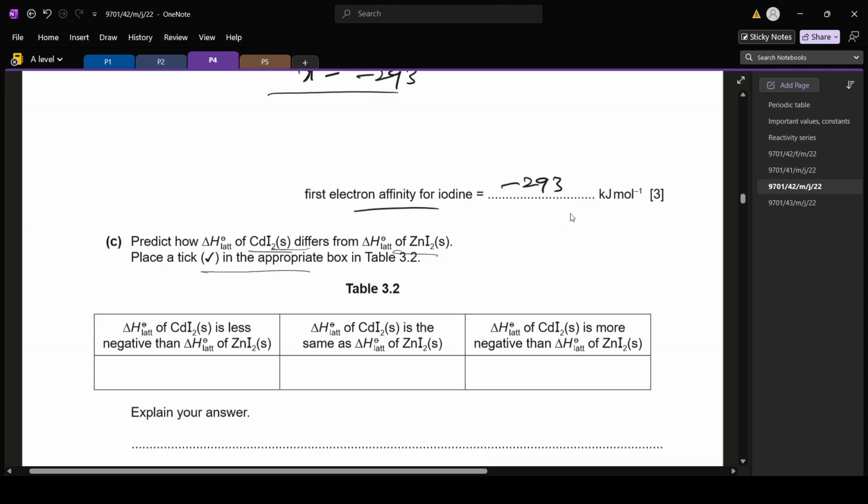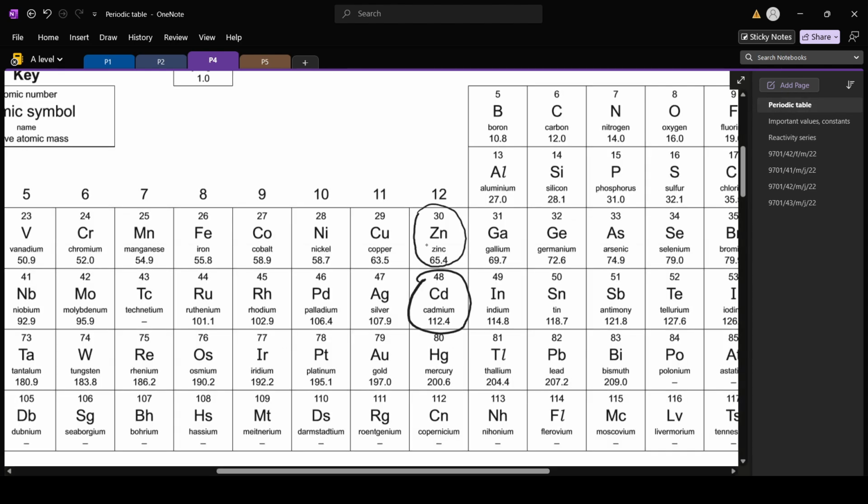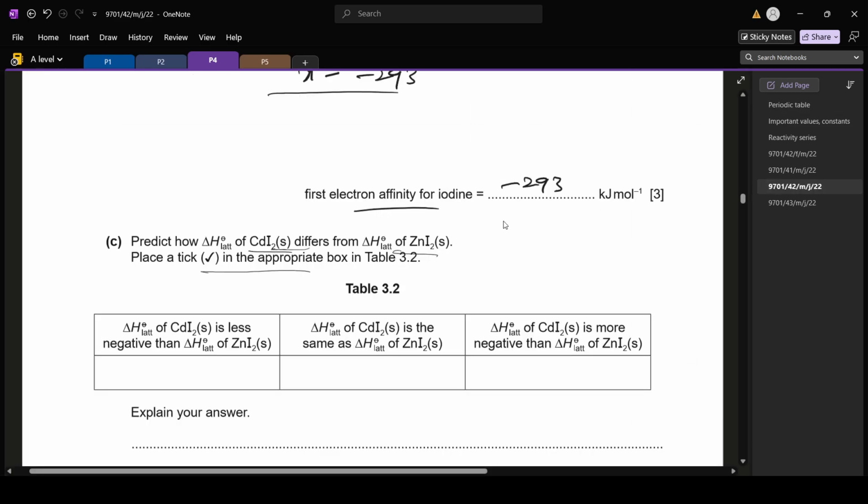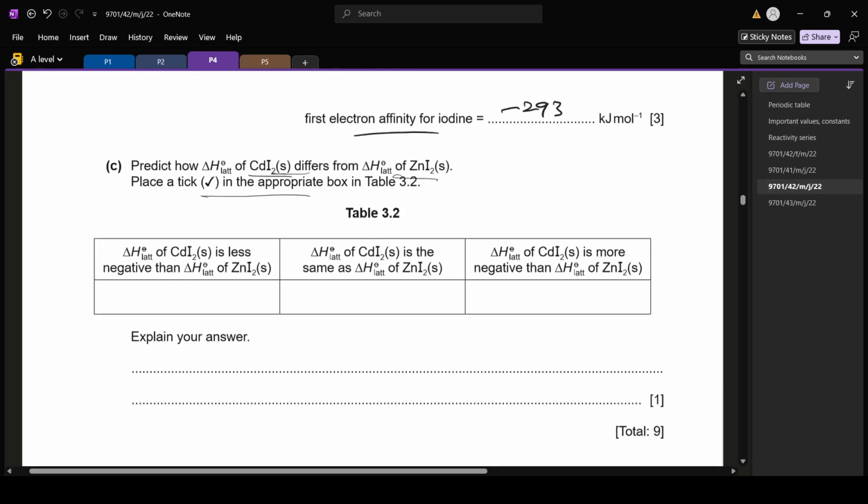Place a tick. So you can see from the periodic table, the cadmium is down the zinc, and down the groups, the charge density of metal ions decreases because the size increases and the atomic radius increases. So there is less charge density down the group, so cadmium iodide will be less negative than the zinc iodide. Why?